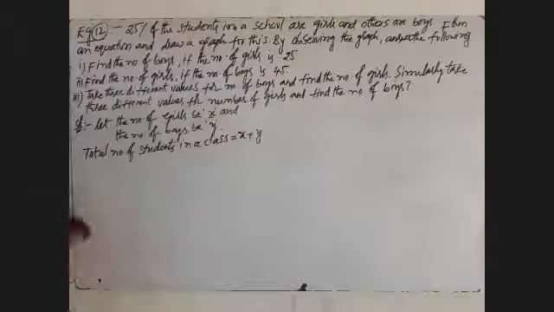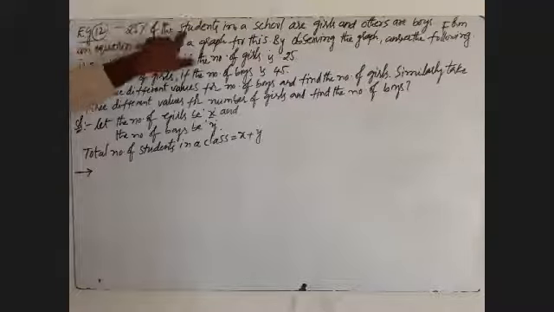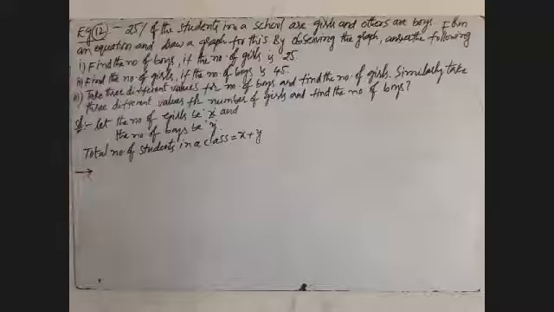In this problem, one condition is given. What is that condition? 25% of the students in a school are girls, others are boys. According to the given information, the number of girls is equal to 25% of the students.